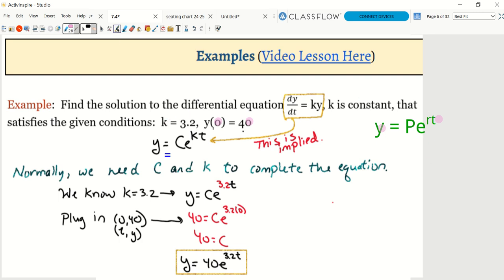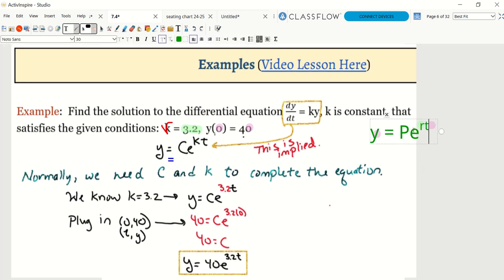K, remember, is the same thing as r. We're going to plug in green, green. Does that make sense? This is what I have after plugging in: 40, 0. We don't know P, excuse me, we do know r, sorry, I misspoke, 3.2 times 0. Now this is super convenient.